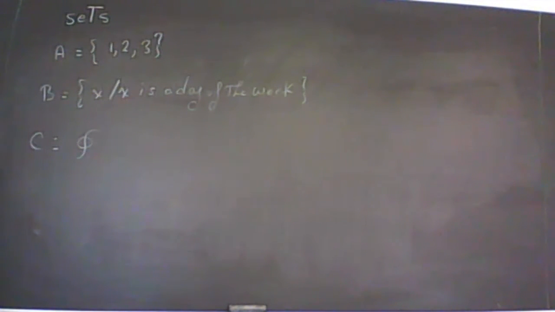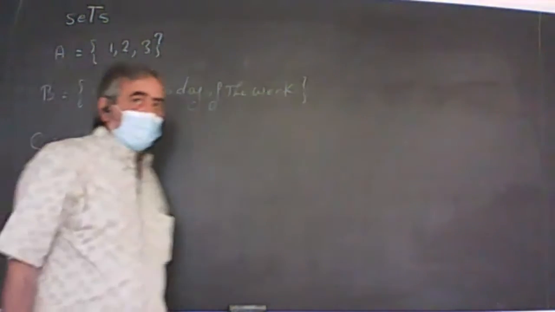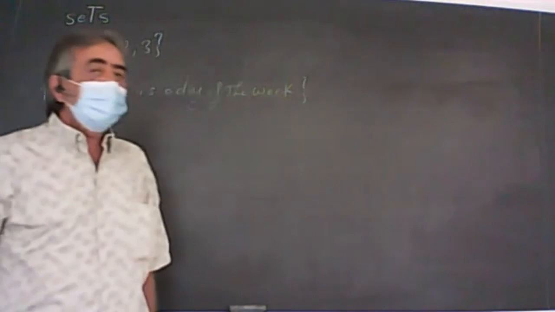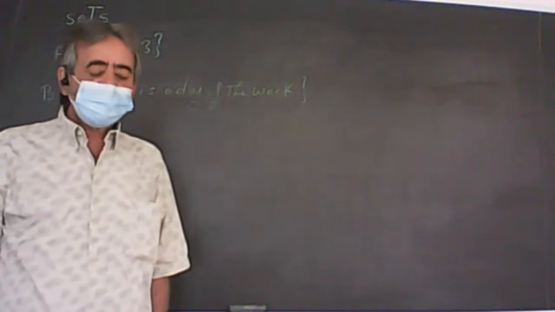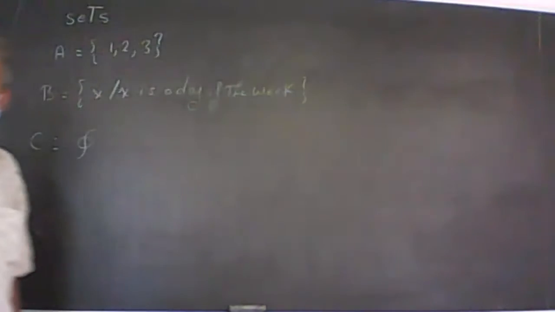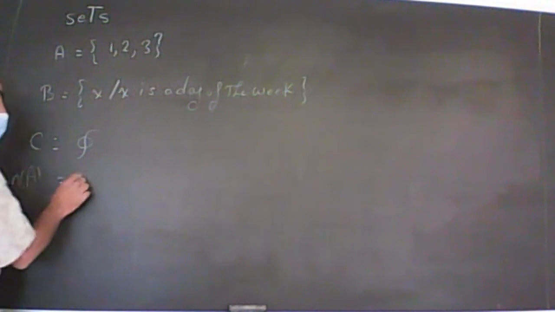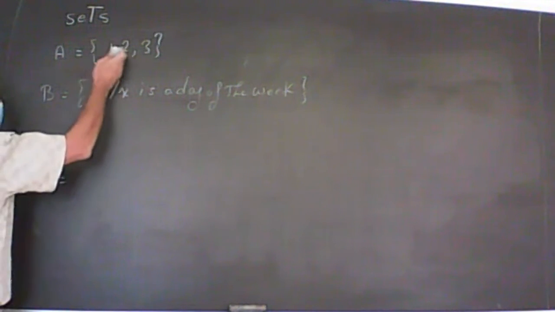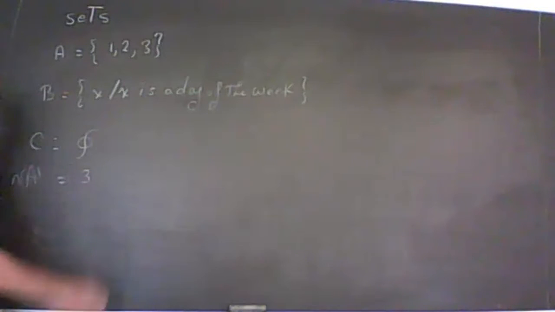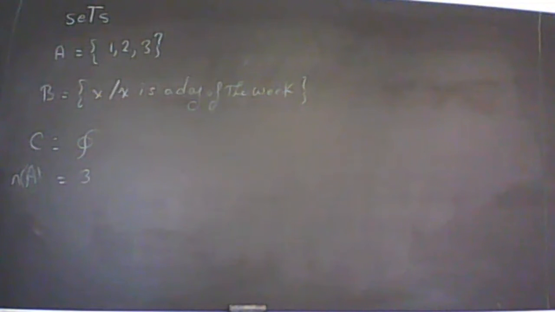To determine the number of subsets, we need to know how many elements are in each of these sets. Say the number of elements in A, call that n(A), equals how much? So we have 1, 2, 3, 3 elements. So how many subsets does this set have?